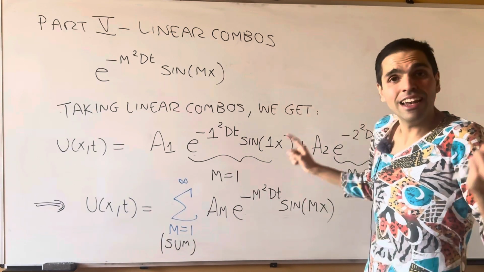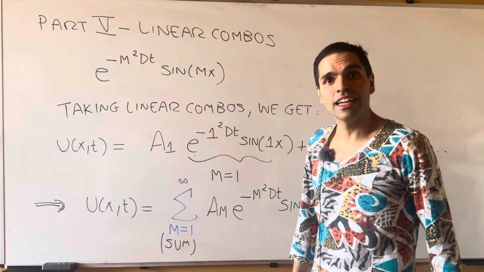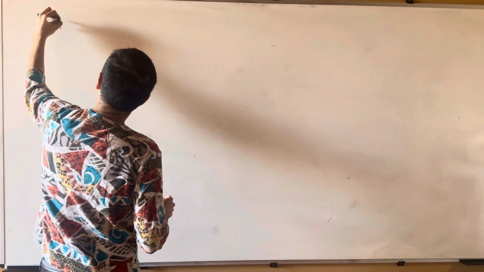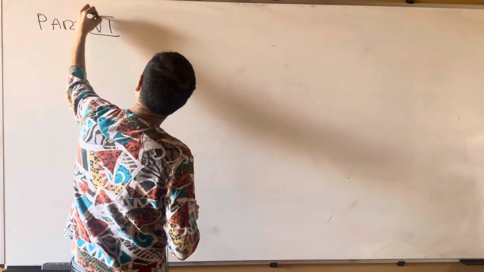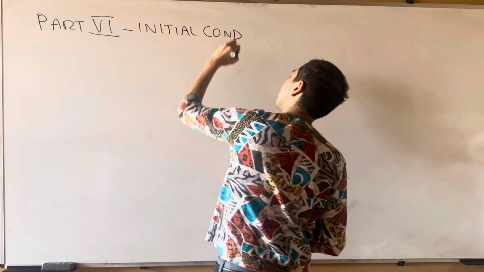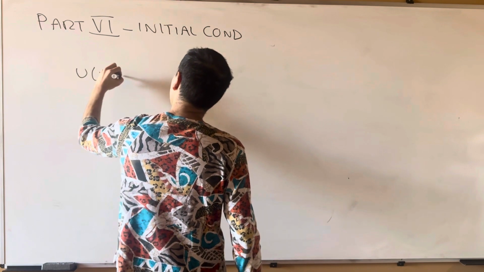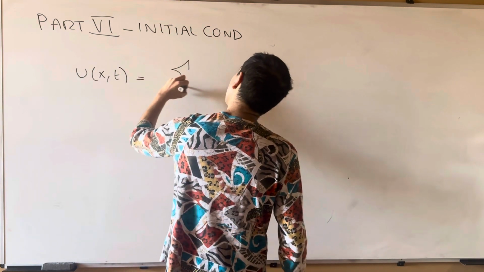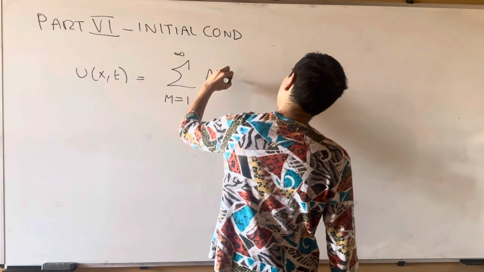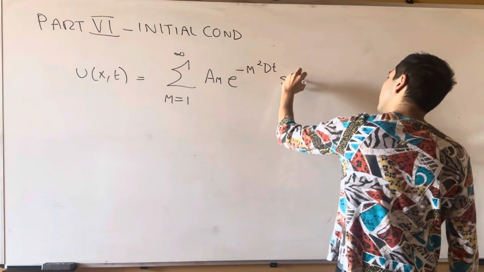And now the very last thing we have to do, the one condition which we haven't used yet, which is the initial condition. So part 6, initial condition. So what we found so far is u of xt is the sum from m from 1 to infinity of am e of minus m squared dt, and then sine of mx.